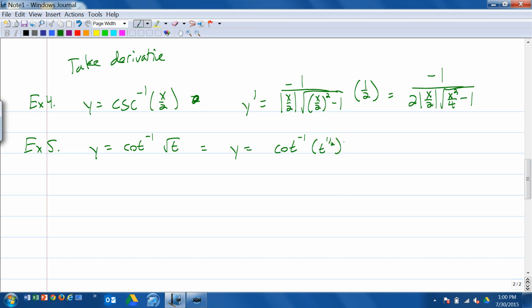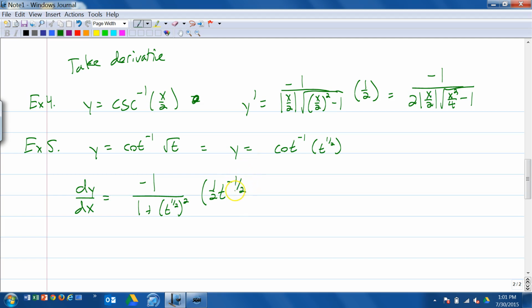Okay, so cotangent's the opposite of tangent inverse, so we're going to have negative 1 over, and then this is 1 plus u squared, or I guess u squared plus 1, it doesn't really matter. 1 plus t to the 1/2 squared, okay, times the derivative of t to the 1/2, which is 1/2 t to the negative 1/2.